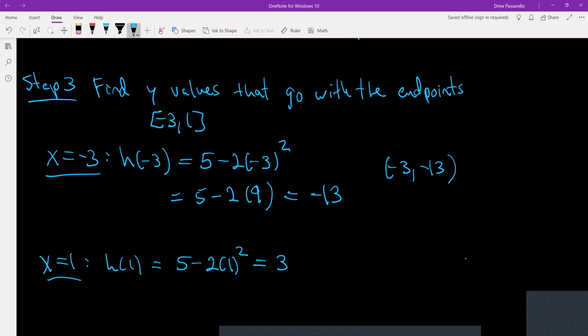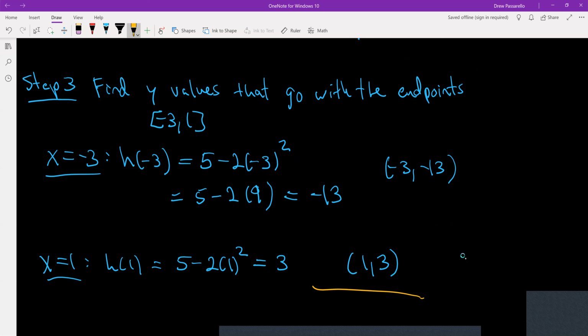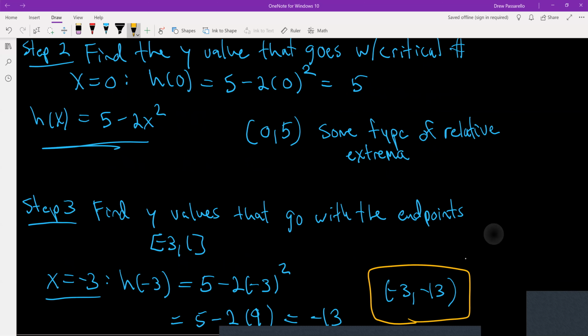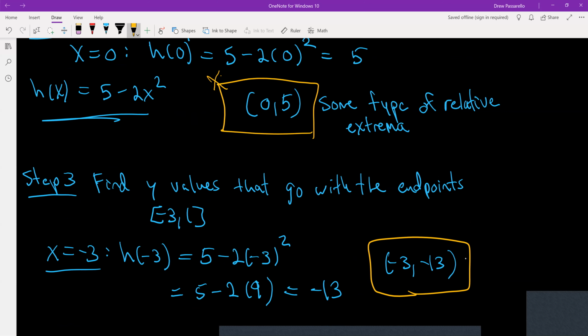So that's 1, 3. As far as the points, I have this one and this one. Of these, this one has the highest y coordinate. So that means this is going to be an absolute max.